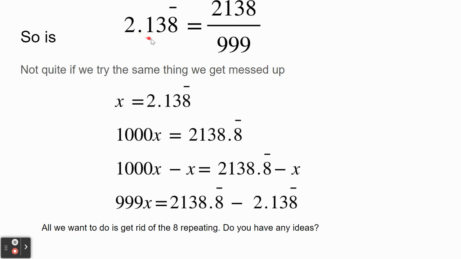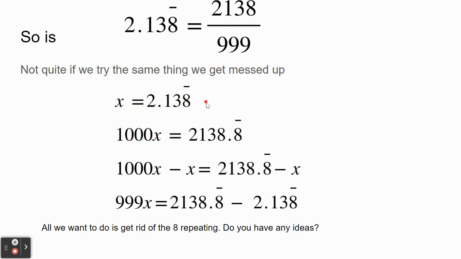This is the hard one. So if I have 2.138 repeating, so if this repeating number is not right next to the decimal point, I get in trouble. Okay, so I can't just say there's 3 decimal places, I'll put 3 nines. Looks like it should work, but it's not.